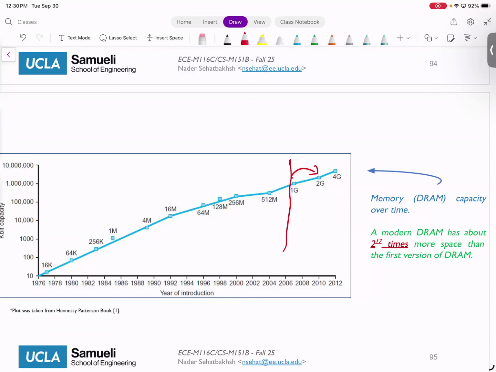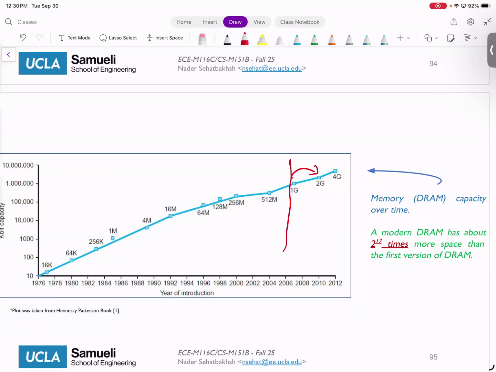For the beginning of memory design technology, we spent many years to get to that point, but within 2 years, we managed to double that. It shows you the exponential growth that we have in our systems. And if you look at this, this is 2 to the power of 17 times more memory within this time frame, which is also a crazy number.